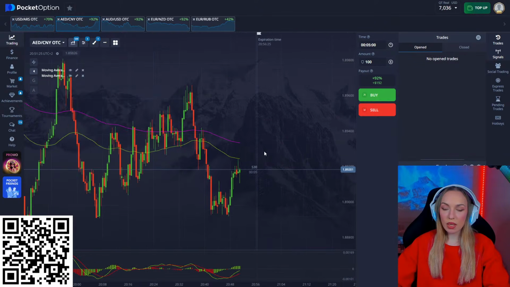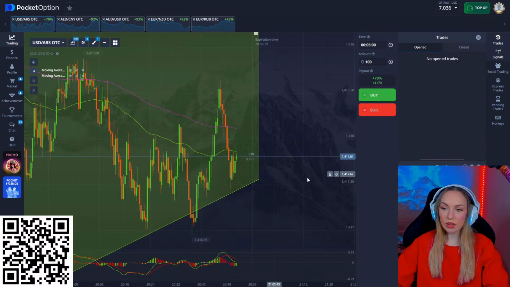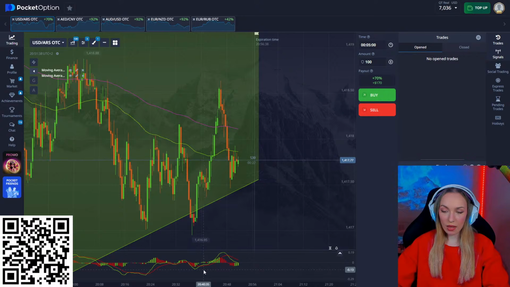Right now there is a signal to open the trade in the upward direction, and I don't want to open trades in the upward direction on this chart. Here actually I was waiting for a signal also, and there was a signal at 8:40, and at 8:45 the price went down.